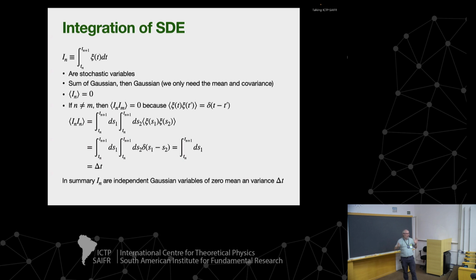And that's all that we need. For the mean, it's very easy. You take this expression, you compute the mean, and the mean enters into the integral, and because the noises have zero mean, the In have zero mean. That's easy.